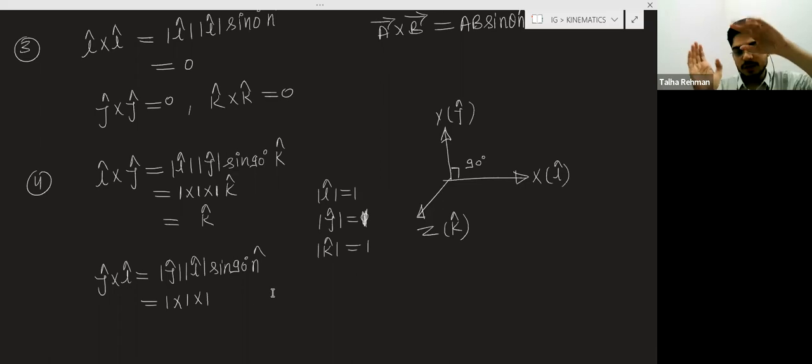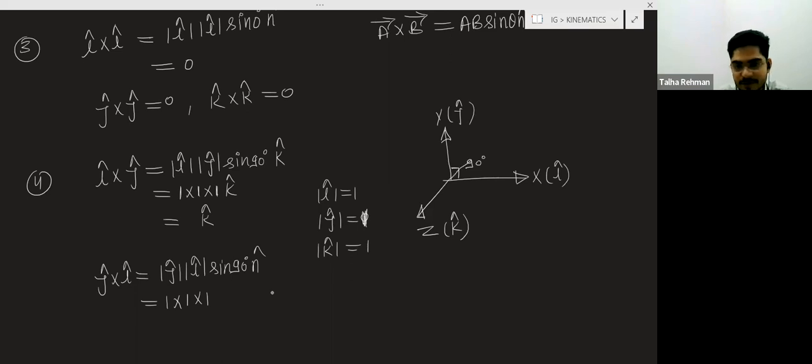See, place your fingers along j cap and curl towards i cap. So basically you are getting a vector into the screen, away from you, which means basically you are getting a minus k cap.